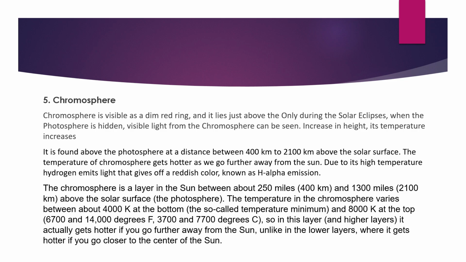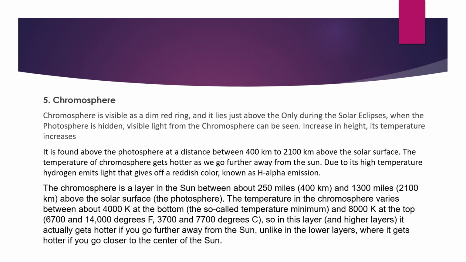It is found above the photosphere at a distance between 400 km and 2100 km above the solar surface. The temperature of the chromosphere gets hotter as we go further away from the sun. Due to its high temperature, hydrogen emits light that gives off a reddish color known as H-alpha emission.